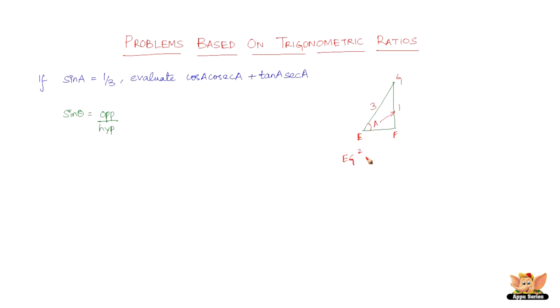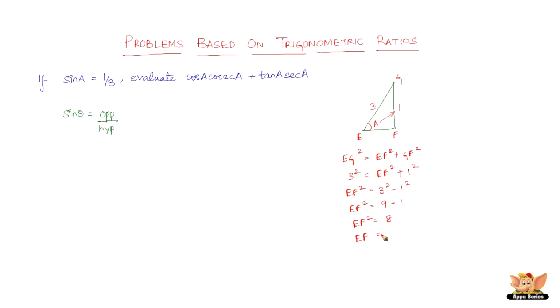EG square equals EF square plus GF square. Now we have EG as 3, so it is 3 square equals EF square, which we need to find, plus GF square, which is 1 square. So we've got EF square equals 3 square minus 1 square, which is 9 minus 1, which is 8.